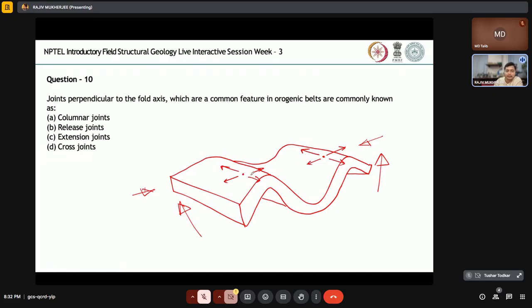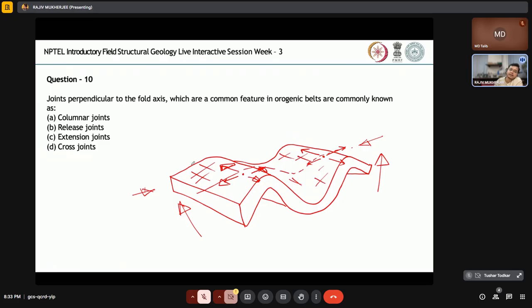So along this direction, if this is the direction of exhumation, a kind of joint plane will develop like this. Fracture planes, joint planes would develop like this. So following this direction, and following this direction, a joint plane will be formed perpendicular to the previous set of joints like this.